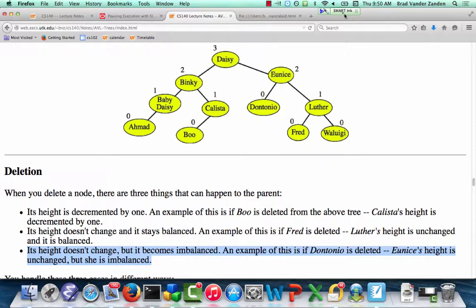If I delete Boo, okay, now that's still going to leave Callista's height at just 0, so that's not going to be imbalanced. I want to try to imbalance this puppy if I can. I think I know how to do it. Boy, it's going to be hard to squeeze something in here between baby Daisy and Binky.